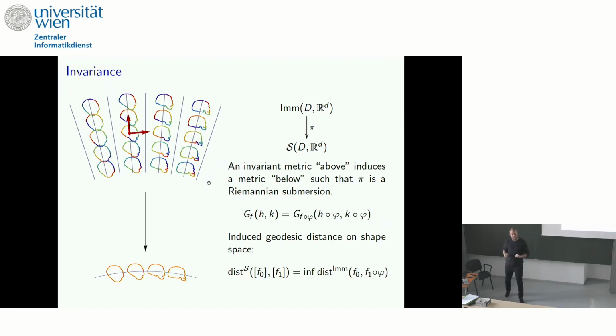And what do we need to be able to do with a Riemannian metric on the top space to go to the quotient space? We will require our metric, as we have learned today, to be invariant with respect to the action that we want to factor out. If this is the case, then we can induce a metric on the quotient space such that the projection is a Riemannian submersion. What is a Riemannian submersion?